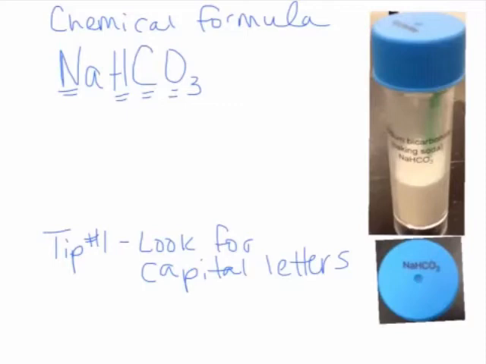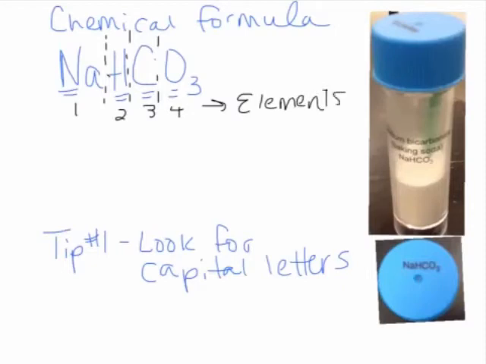Well, the capital letters are a signal that shows us that there is a separation between elements. Each capital letter actually represents a new type of element. So as I go through here and I draw separation lines to separate wherever there is a capital letter, it shows me that there are 1, 2, 3, 4 different elements that make up sodium bicarbonate.